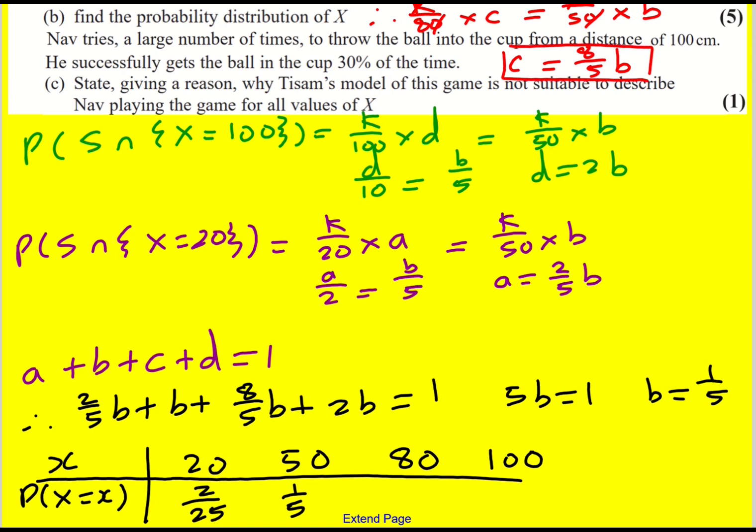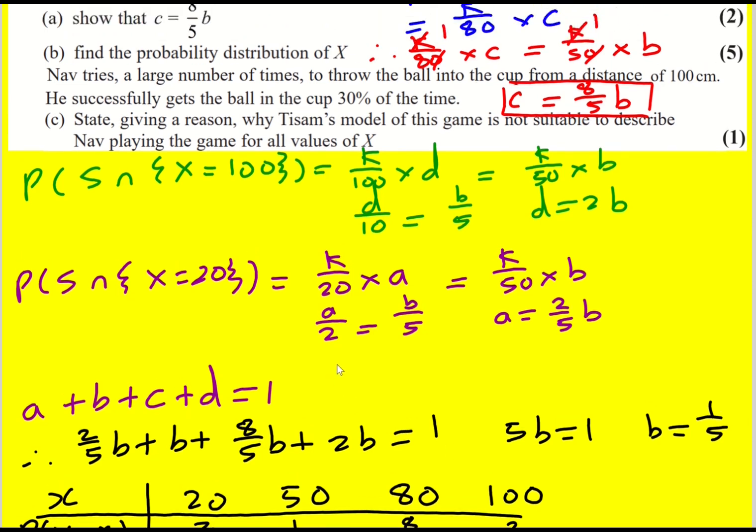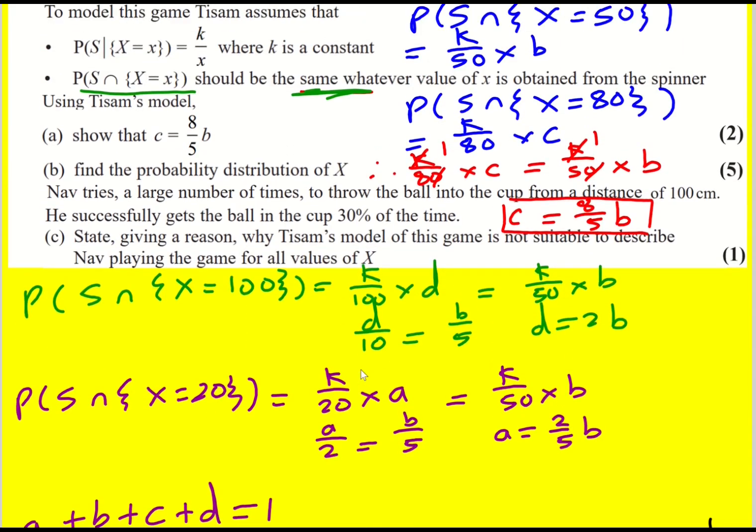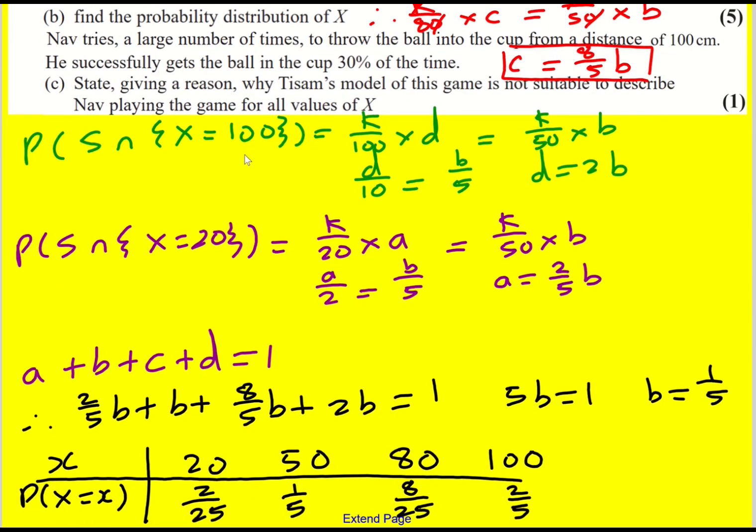C was 8/5 B, so it's 8/25. And then for D, it's 2B, so it's going to be 2/5. As you can see, that is the highest probability because it has the lowest chance of actually going in. So that is our distribution.